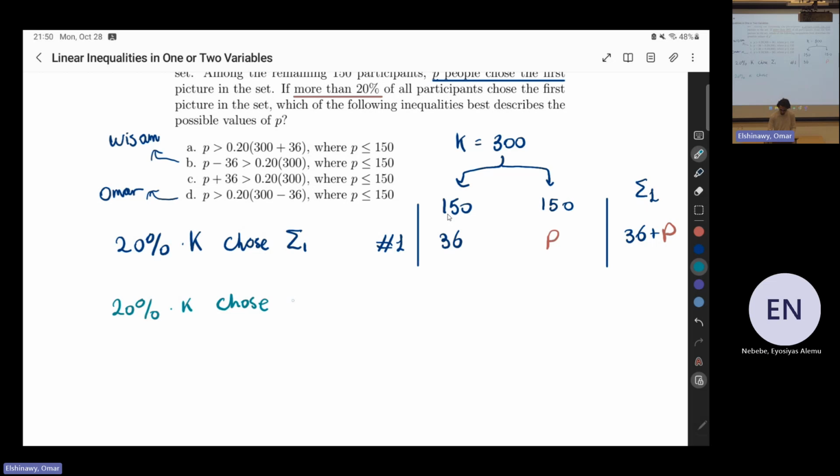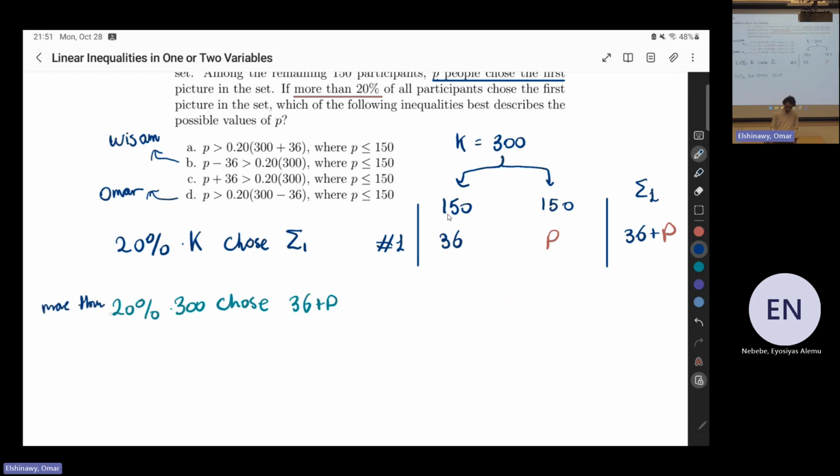Sigma 1 is just 36 plus P, right? Why am I writing K? Why don't I just write 300? So 20% of 300 people chose 36 plus P. More than.